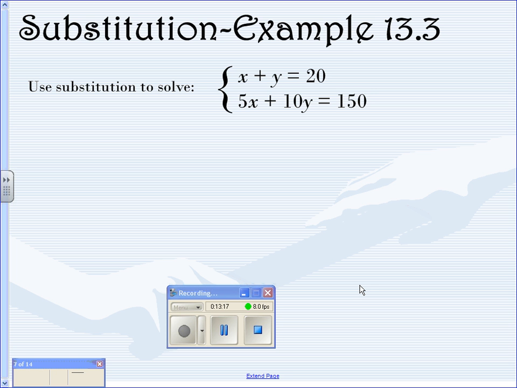How many solved for x? How many solved for y? Does it matter which one you do on this one? Just pick one, whichever you want.